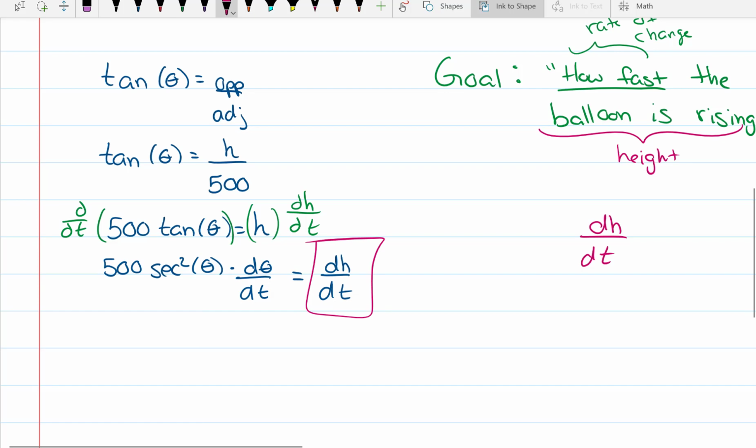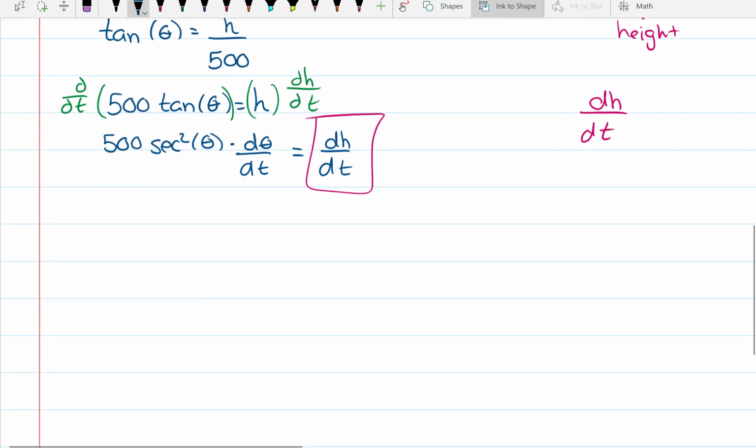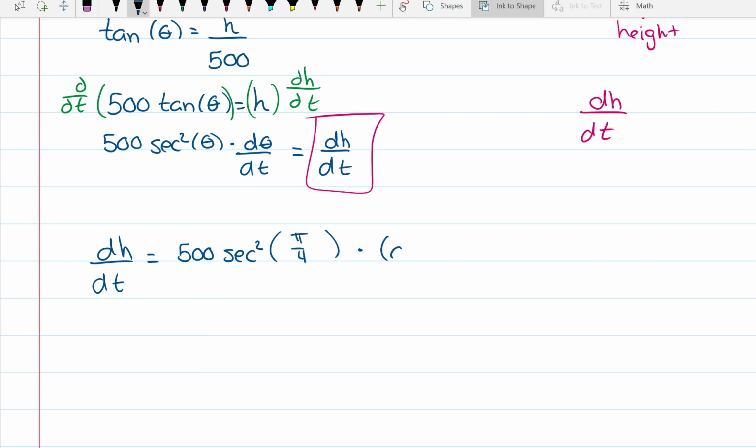This was my goal, so now all I need to do is plug in numbers and figure out what the answer is. So dH dt is equal to 500 secant squared, and theta at the moment we want is pi over 4, times d theta dt, which we know from the problem is 0.14.